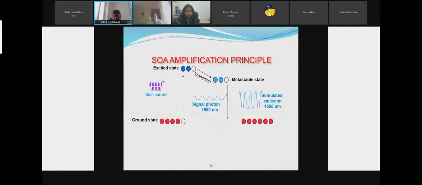So what we have seen: an electron is excited, and then it interacts with the incoming beam, and then it drops, and a photon is released which has the same wavelength as the input beam. So stimulated emission is taking place.